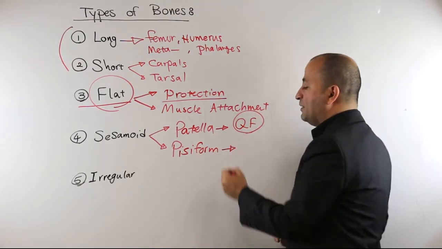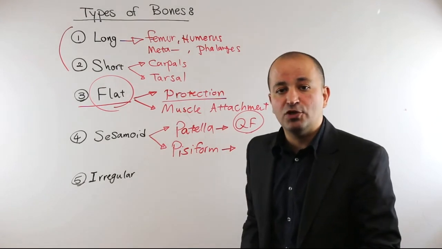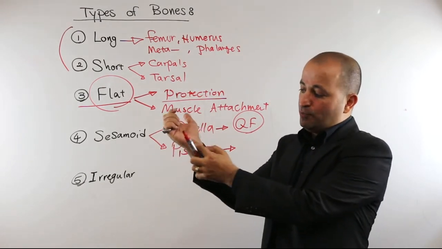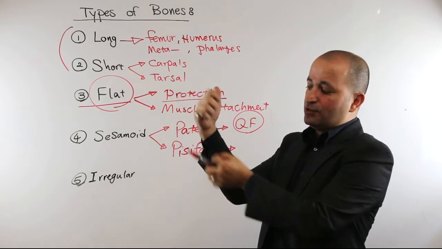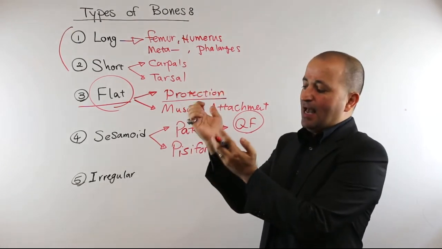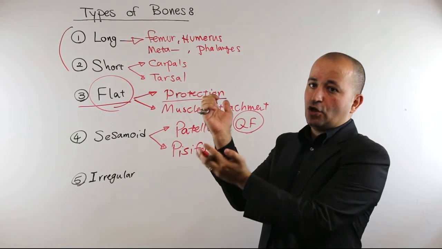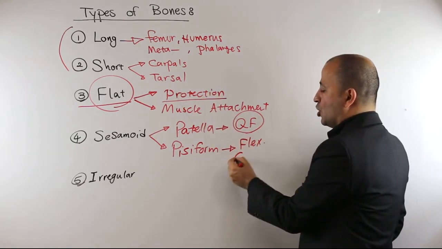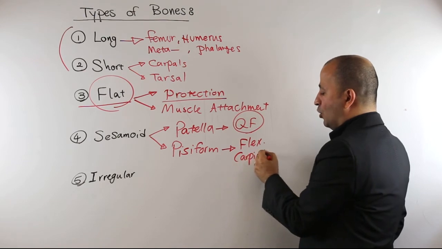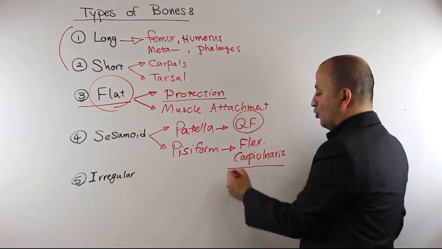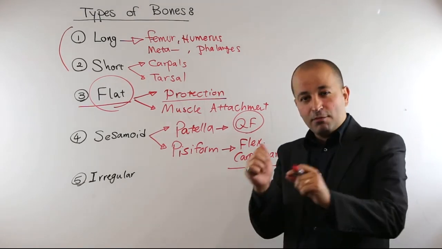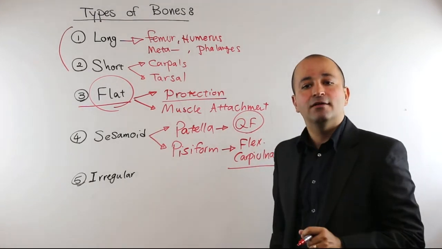If they ask you pisiform is inside the tendon of which muscle? The answer is right here. Which muscle is right here? Flexion, and on which side? Close to the ulna. So the answer is flexor carpi ulnaris. That's the muscle that pisiform is inside the tendon of.